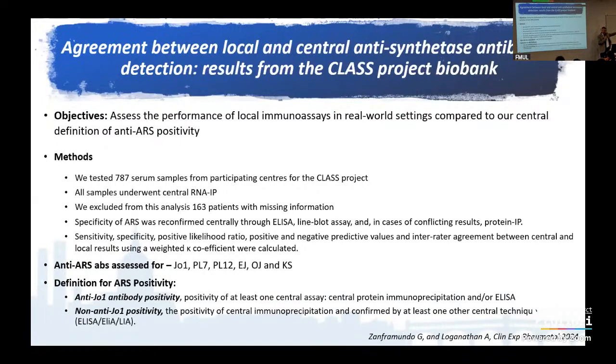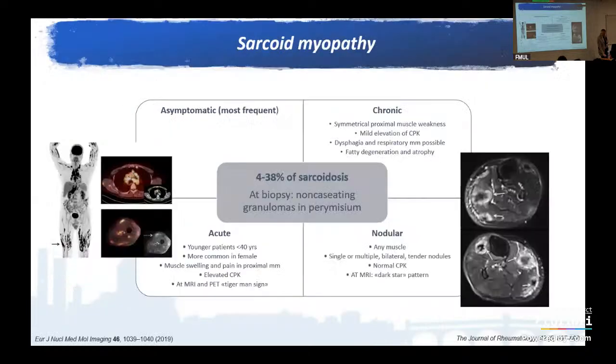You should trust anti-Jo1 because it's a very excellent result. You should be confident in the positivity of anti-Jo1, but PL7 and PL12 and other antisynthetase antibodies might be false positive. You should also trust anti-MDA5 positivity. There is not so high a risk of false positivity.